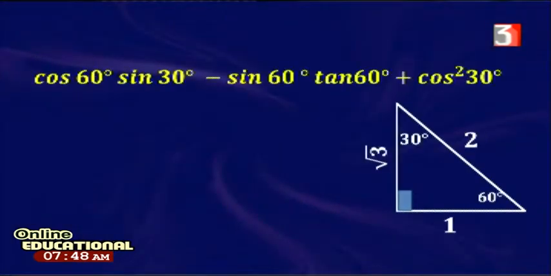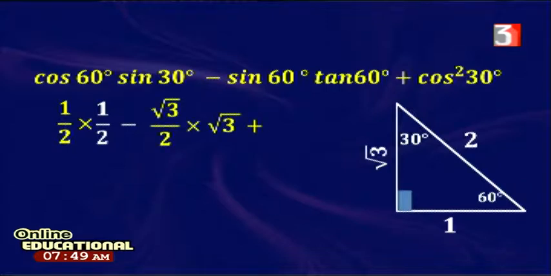By substituting, cosine 60 equals half, times sine 30, which is half, minus sine 60, which is root 3 over 2, times tan 60, which is root 3, plus cosine squared 30.